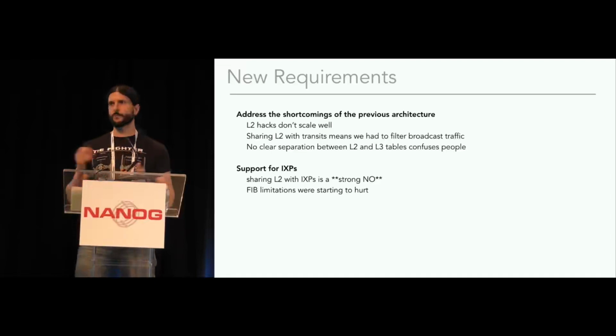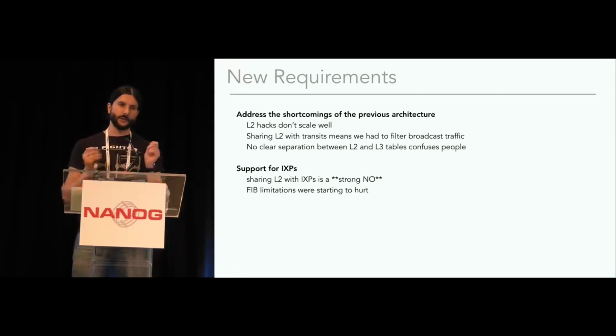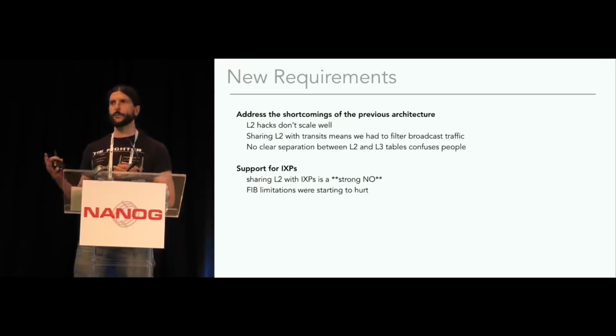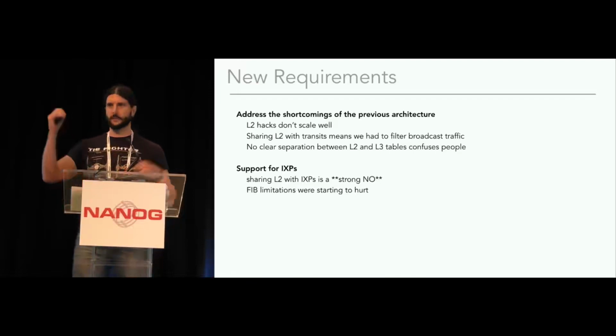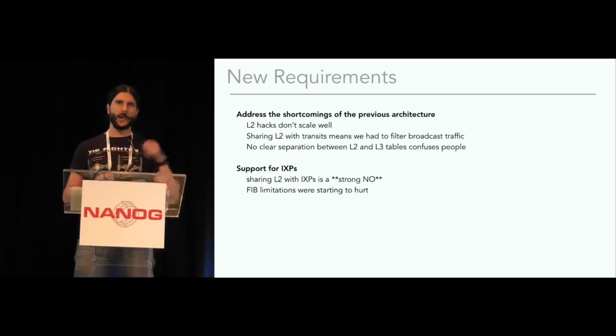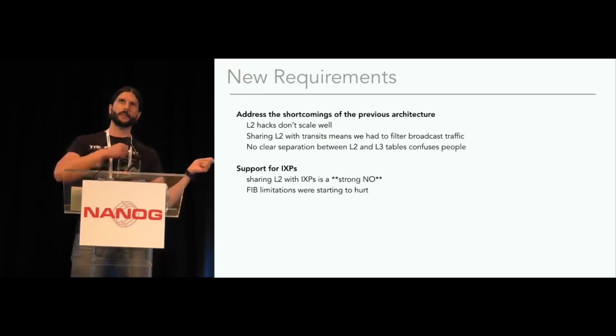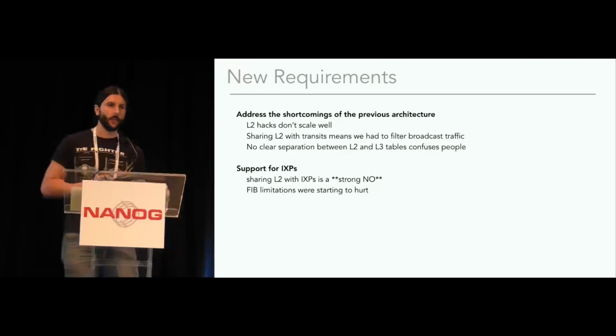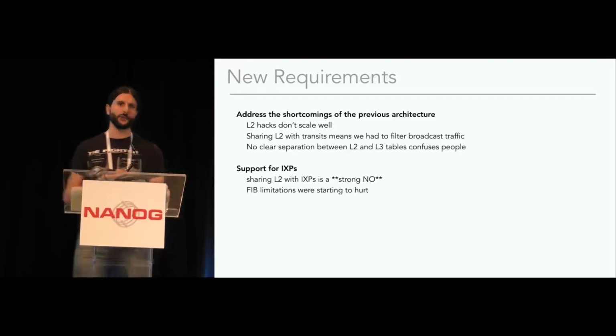You have to start filtering broadcast traffic, which is not a big deal, but you have to remember to do it. But more importantly, not having a clear separation between layer 2 and layer 3 is just confusing for people. Synchronizing ARP entries, not doing a recursive lookup, checking the ARP table instead of a connected route, that's just confusing for people. So we wanted to address those issues.